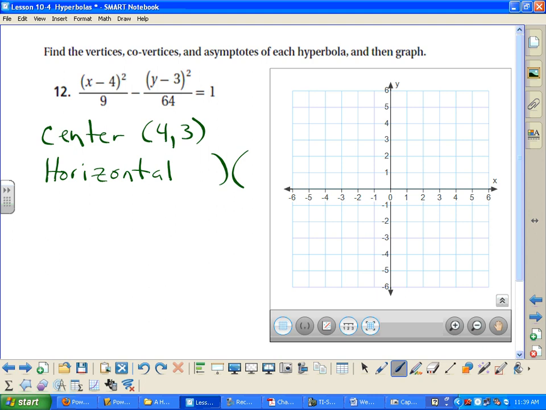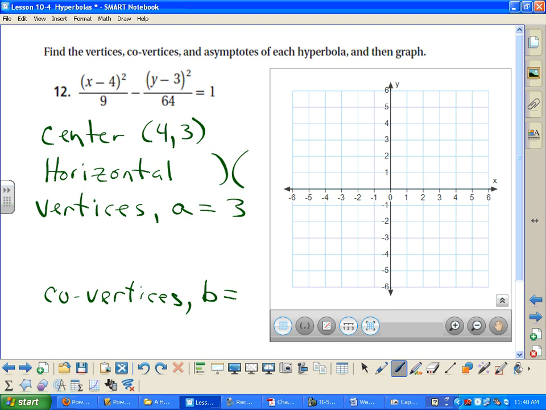Now we need to figure out the vertices. The vertices use A, and the covertices use B. So in this case, what's the value of A? 3, okay?